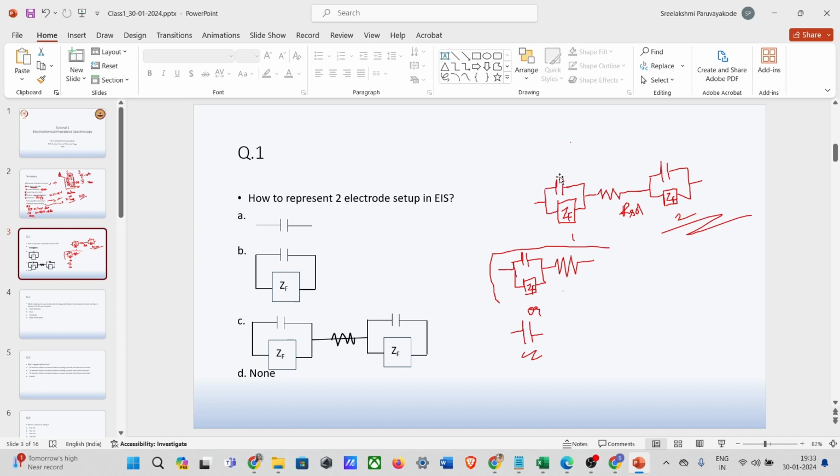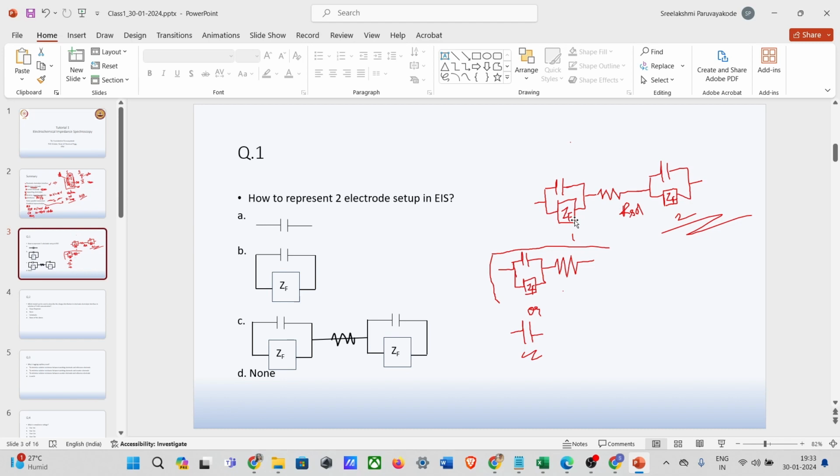Here, one capacitor means it is a double layer formation at the electrode-electrolyte interface. And if some reaction is happening, you can show it in parallel to it. Sometimes if it is parallel, this ZF is the simplest way of representation. What is ZF? ZF can be a single resistor, it can be many resistors in parallel, or it can be something else. It can be a combination of resistor and capacitor. So that representation of ZF depends upon the chemical reaction.